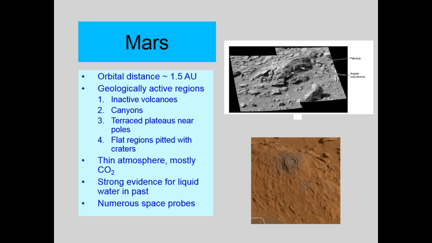Now, there are other flat regions, and here again, they got things out of order. They should have said this first. Thin atmosphere, which means not much to keep meteors out. So therefore, pitted with craters, that means you've just been bombarded with meteors that have hit the surface.